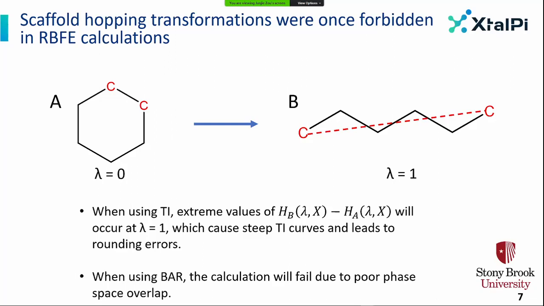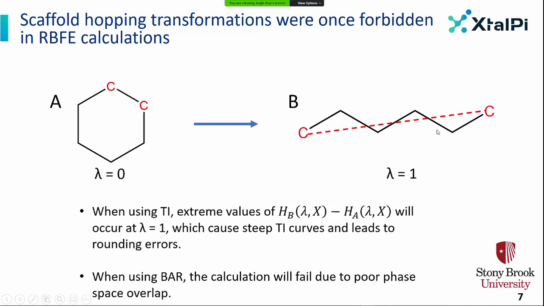For example, if we have to open up this ring on the left side here, we will have to break the bond between these two carbon atoms. If we are breaking the bond going from lambda equals 0 to 1, at lambda equals 1 we will have these two carbon atoms at a far distance as the bond interaction will turn off here.